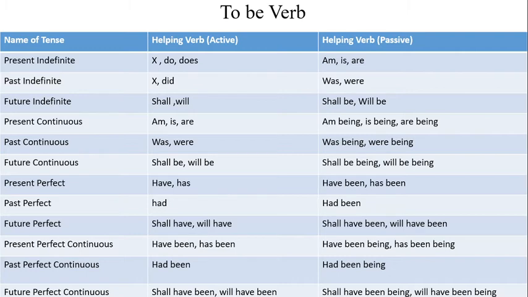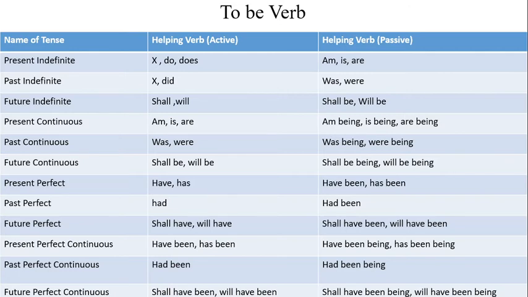In past continuous tense, was being/were being plus past participle form of verb will be used in passive voice. In future continuous tense, the passive form of verb will be shall be being/will be being plus past participle form of verb.